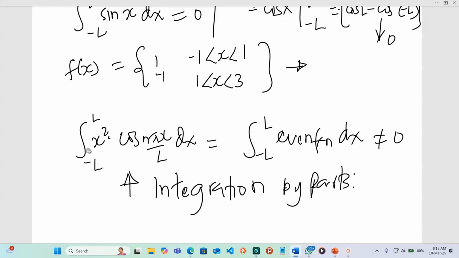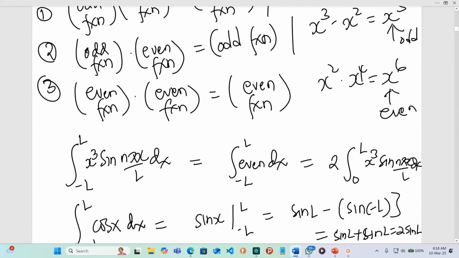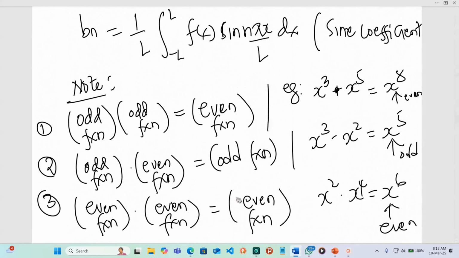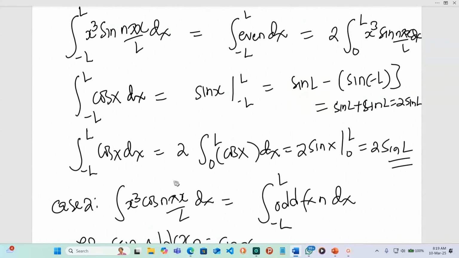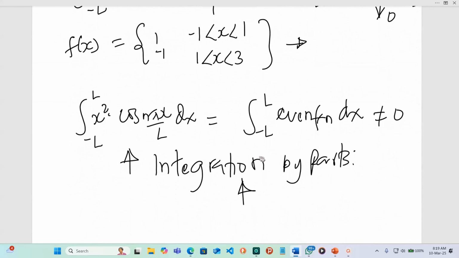When you have such a product and you're integrating, you can be helped by integration by parts. So that is a simple way how you can easily find these coefficients. So having this knowledge is really very powerful.